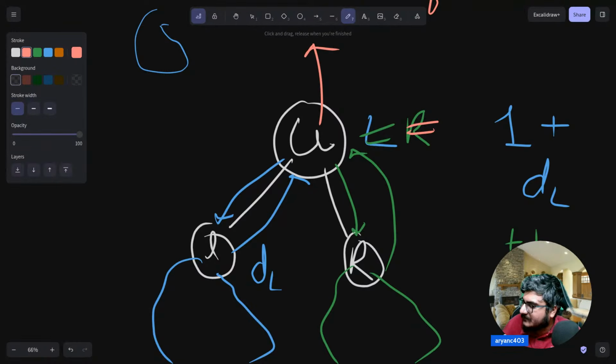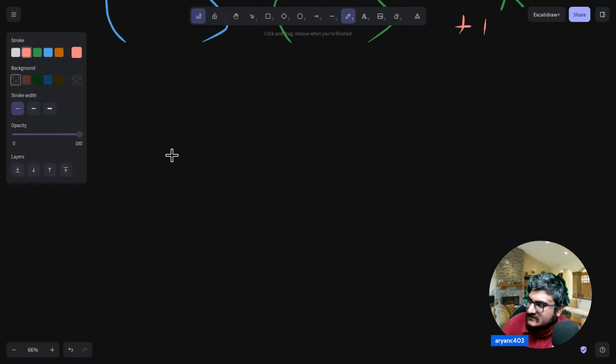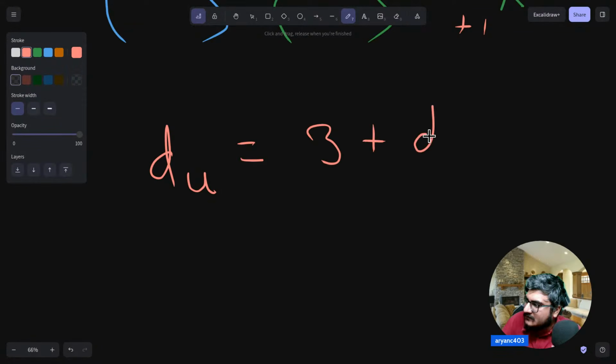So plus 1 again. So overall, if you start at U, the time would be 3 plus DL plus DR. Any questions, anyone, on this equation first?